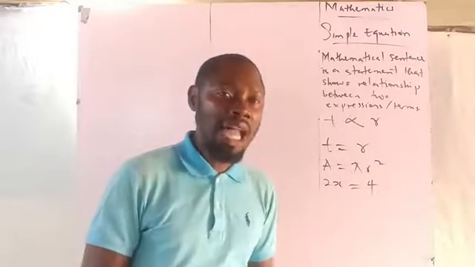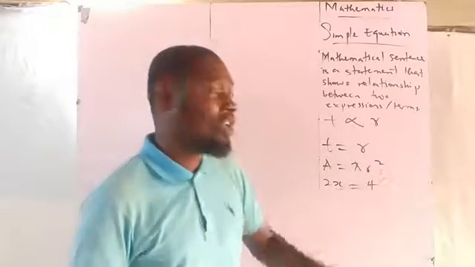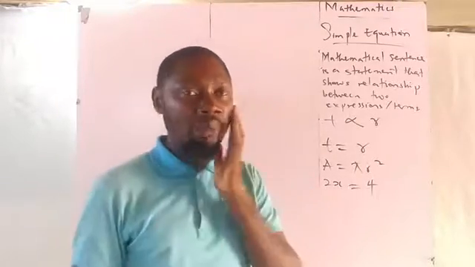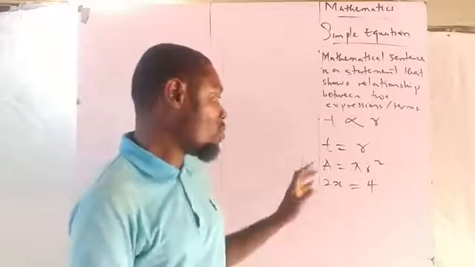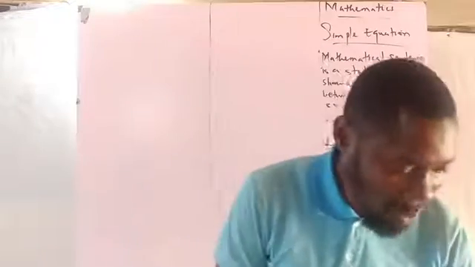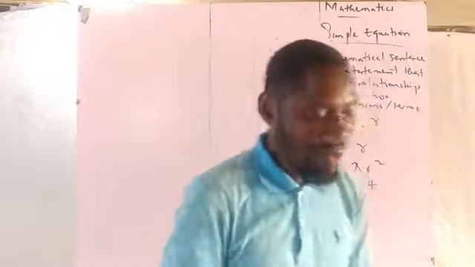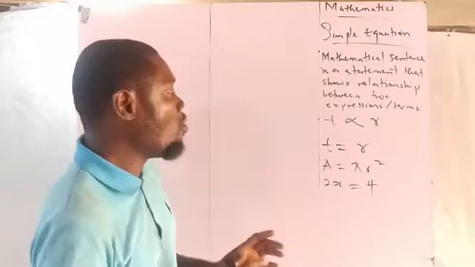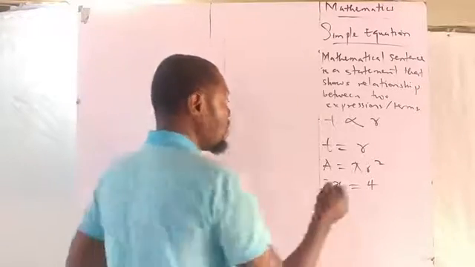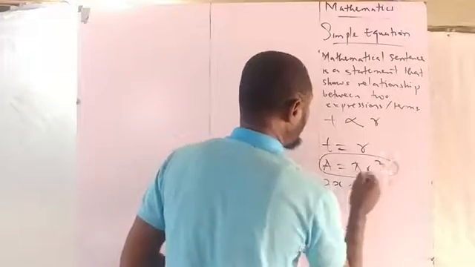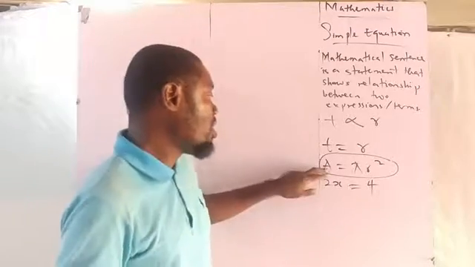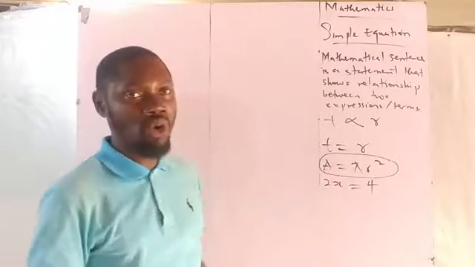Now, a formula is still an equation, but one that has standard variables. The variables in a formula are standard, specific, and well defined. For example, this is a formula because it is the area of a circle. The area of a circle is pi R squared.